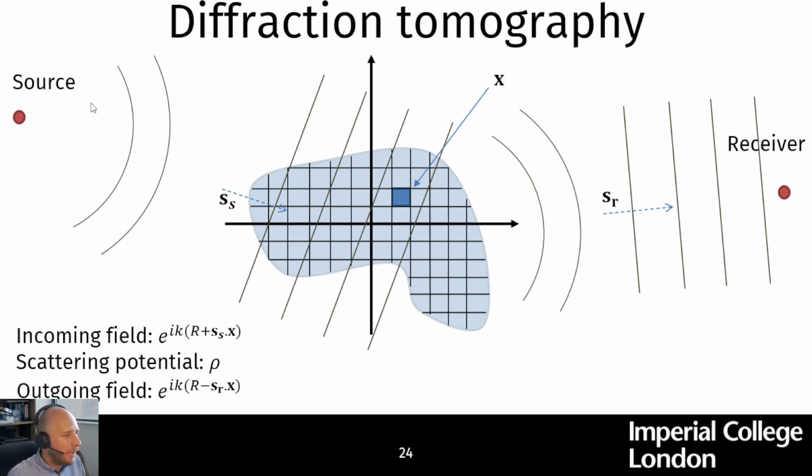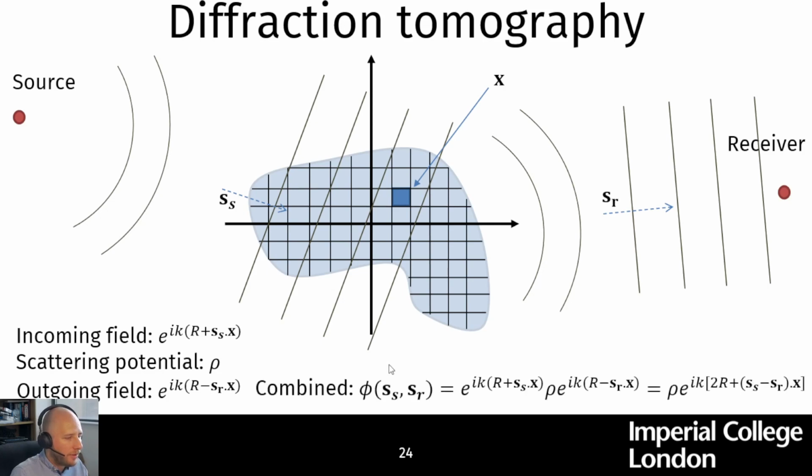If we want to calculate the field that we would receive from that particular point scatterer under all the assumptions we've looked at so far, we can essentially multiply these all together. So we've got our incident field multiplied by rho multiplied by our field going out to the receiver, and this can be simplified down, effectively combining the exponential terms into one exponential that you can see here.